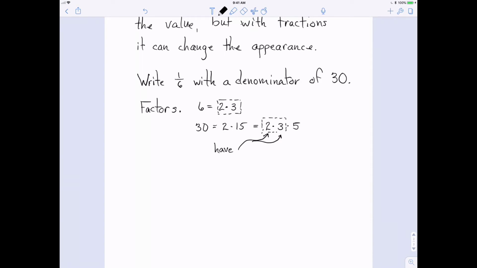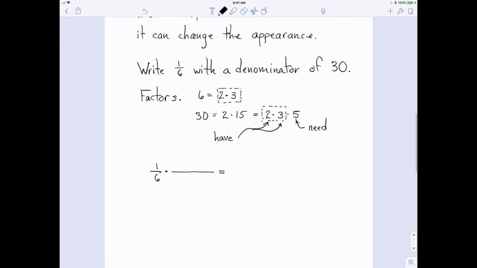But to get the 6 into a 30, we need a 5. So I have to take a 6 and multiply it by a 5. So here's how we do it. I'm going to set it up this way because I think it really is a clean way to approach it each time. It's nice to have a consistent approach that works for all the applications, and this one does.